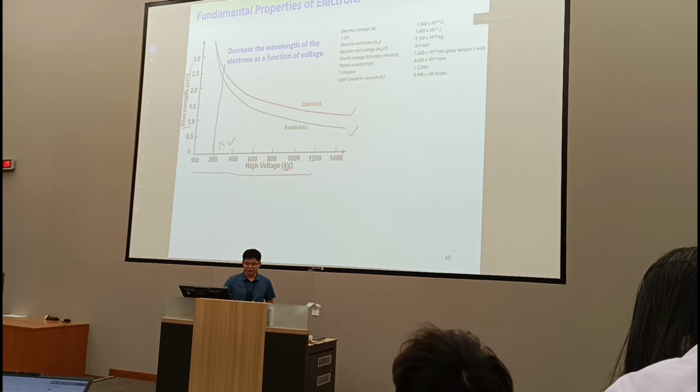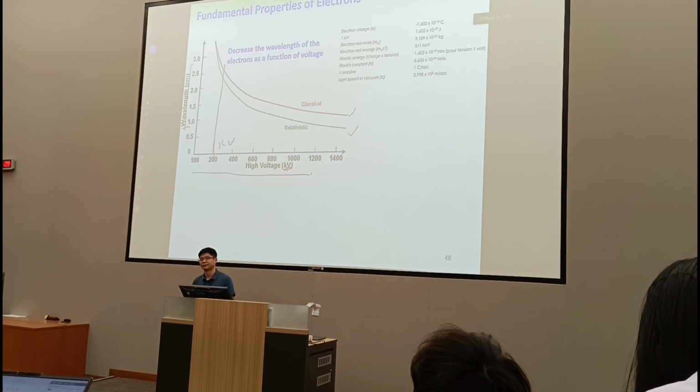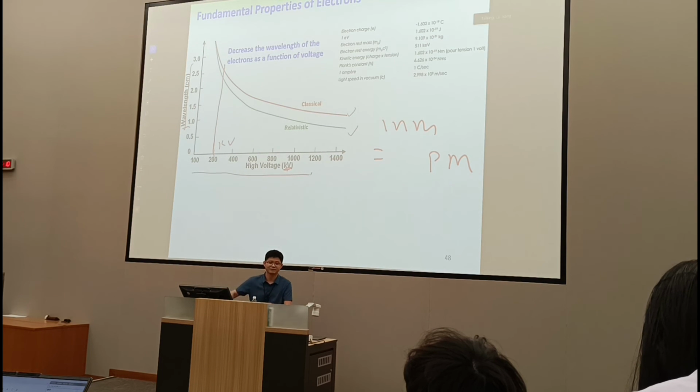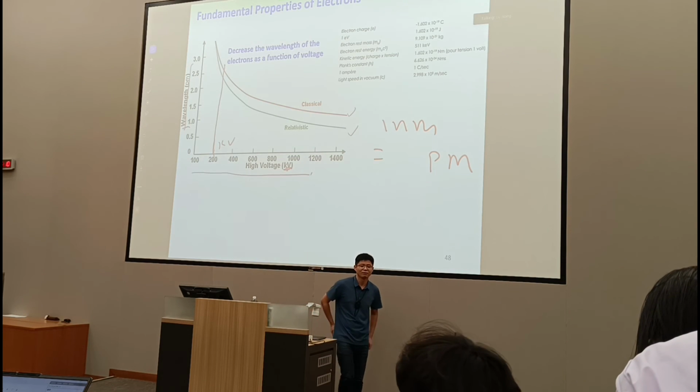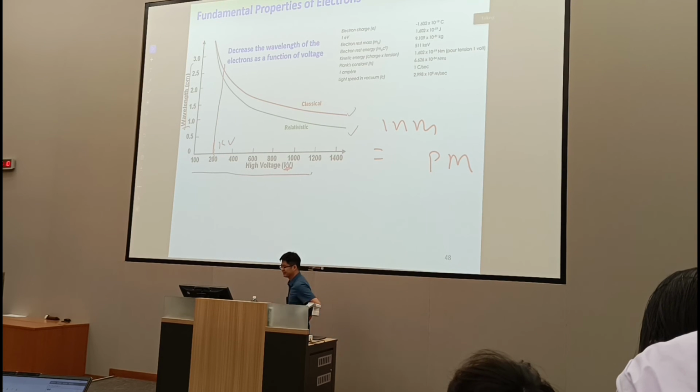But if you look at the absolute value, the wavelength of electrons can be modified to the picometer. Picometer, what is the concept of picometer? 1 nanometer equals how many picometers? 10 to the power of 3? 1,000? One nanometer is 10 to the minus 9 meter.